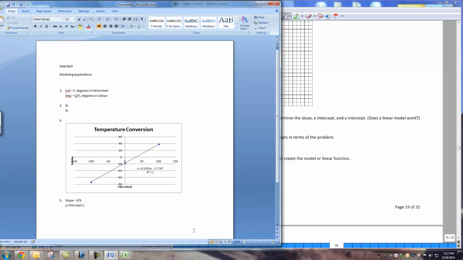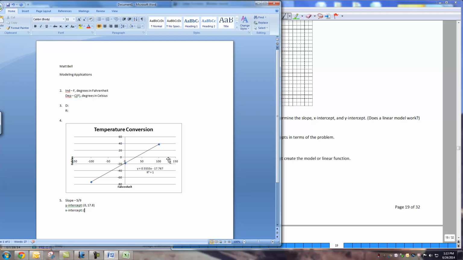So in this case, it's the 0, -17.8. Your x-intercept.